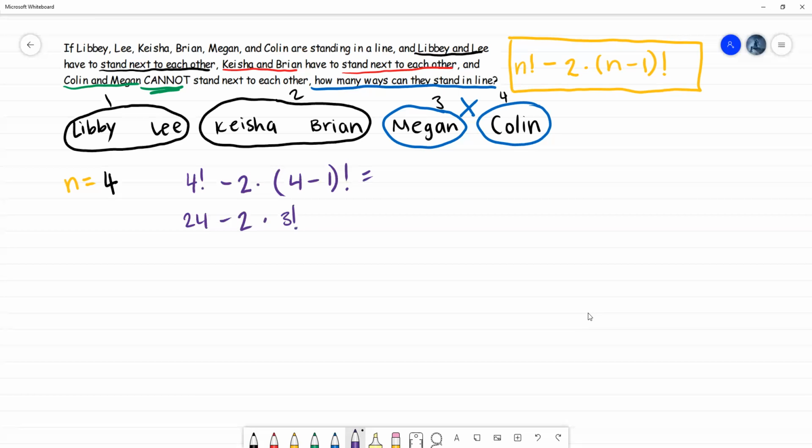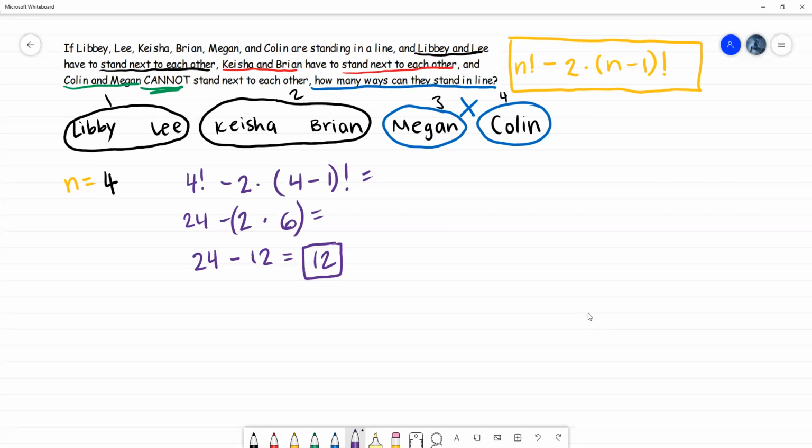And 3 factorial is 3 times 2 times 1, which is just 6. So if we simplify that using PEMDAS, we get 24 minus 12, which is then equal to 12. So 12 is the number of ways we can arrange these 4 groups.